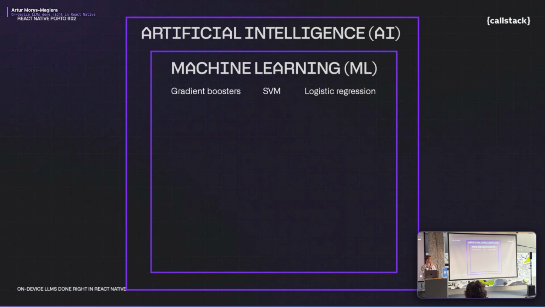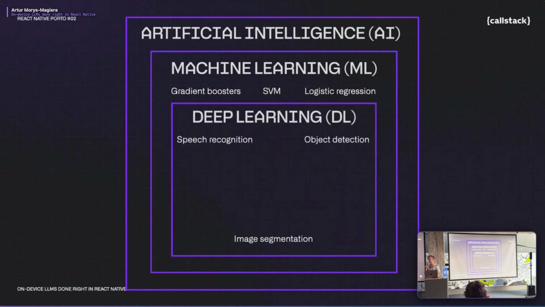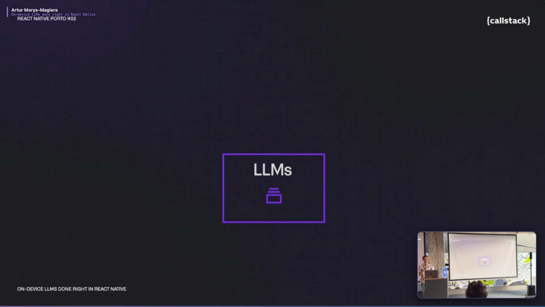There are gradient boosters, support vector machines, logistic regression, all sorts of methods that we can reach. And a subcategory of this is deep learning. This is the category that encapsulates all the neural networks, all models that have more than one layer. Here we have models for vision, for speech recognition, for text-to-speech, and of course image processing, and of course the LLMs, which will be the topic of today's talk.